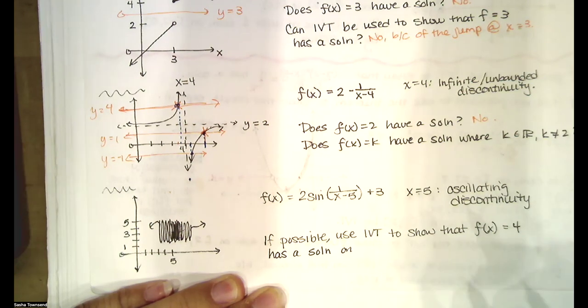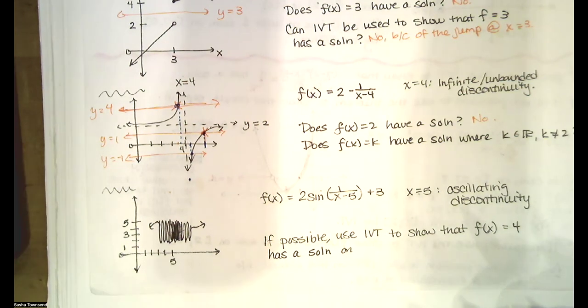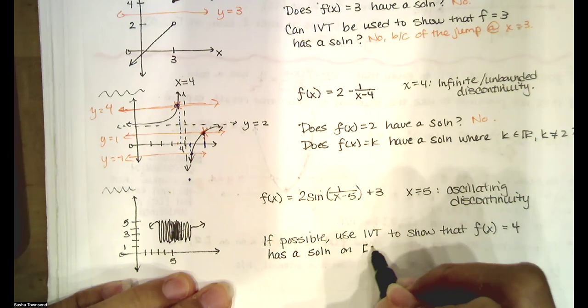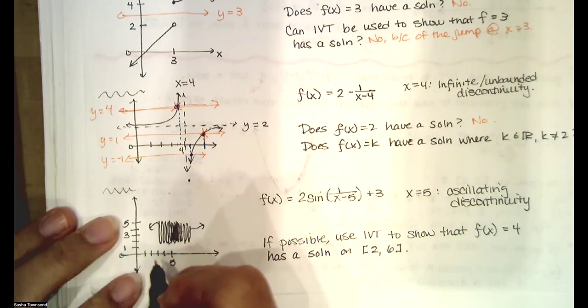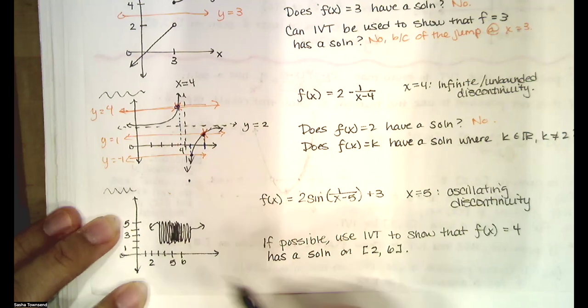And let's pick an interval. On the interval from, let's say, 2 to 6. So on an interval including x equals 5.